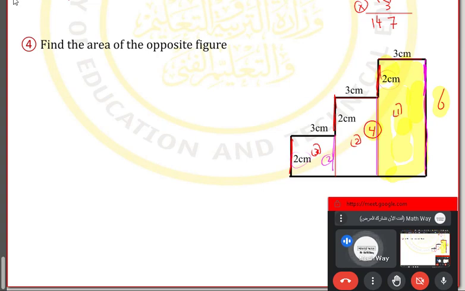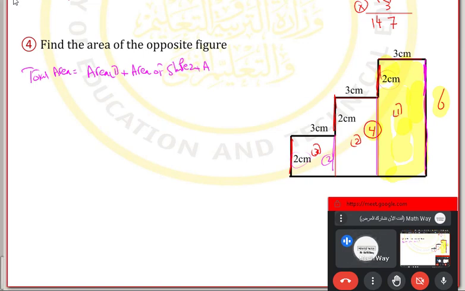So to calculate the area of the shape, the total area will be area of shape 1 plus area of shape 2 plus area of shape 3. Let's get the area of each one. Area of shape 1 is the length by the width, so 3 by 6.